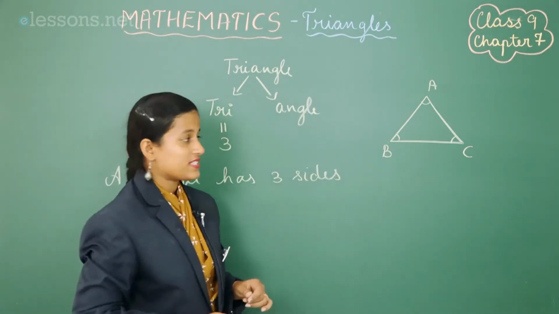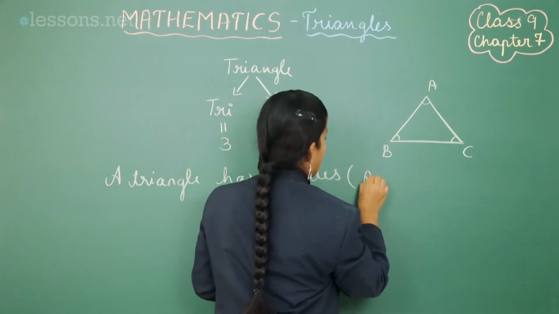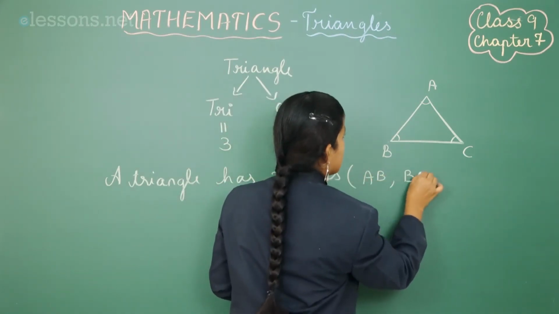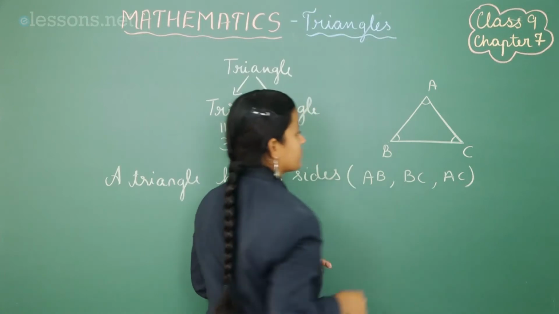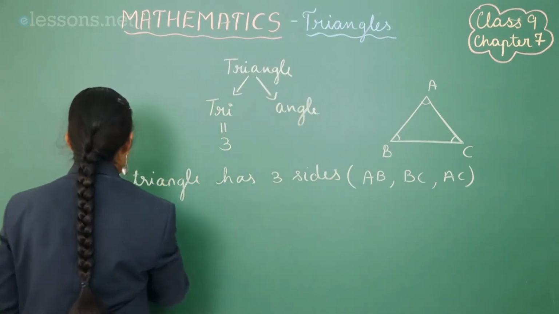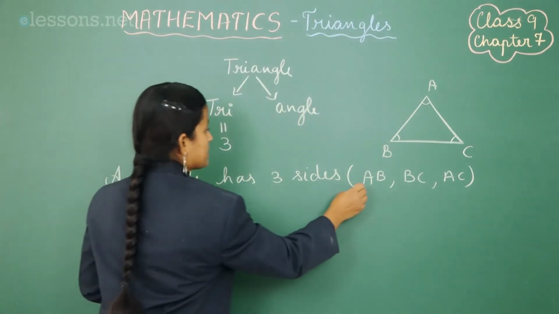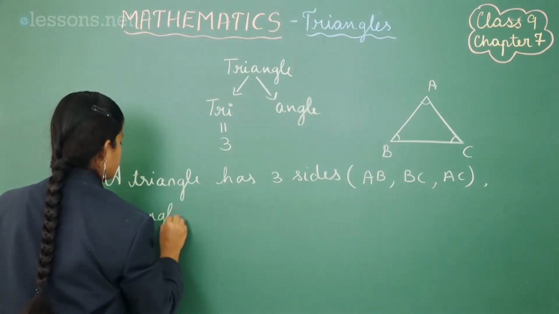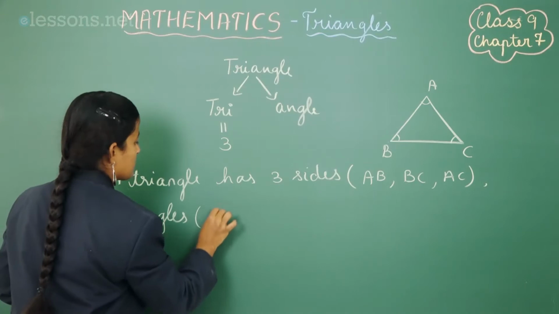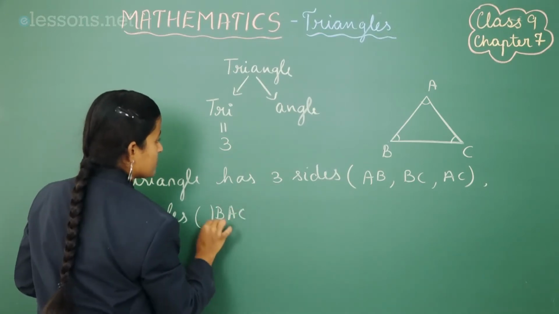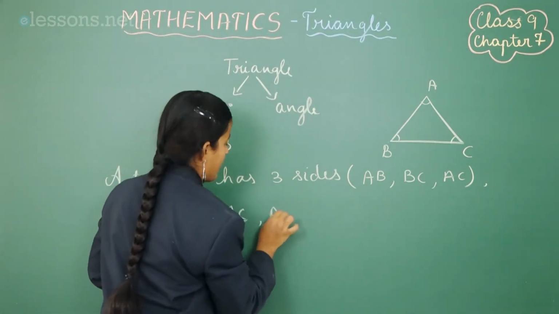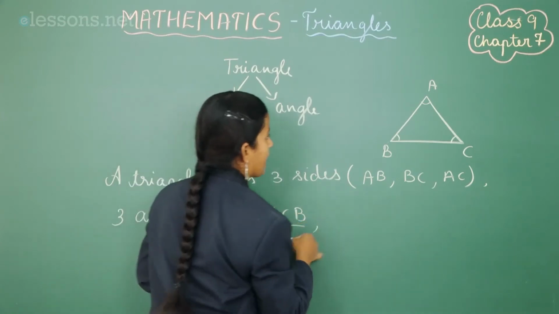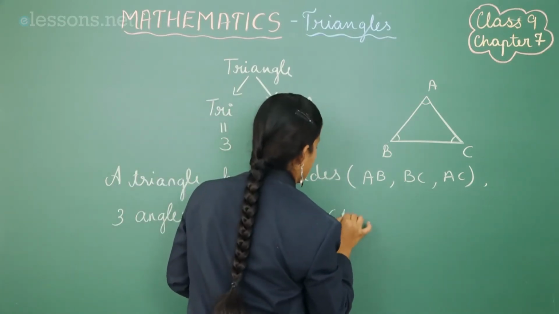Which are the 3 sides? Let me write AB, BC and AC. Okay, 3 angles, 3 sides, 3 angles. Which are the 3 angles? Angle BAC, angle ACB and angle CBA.